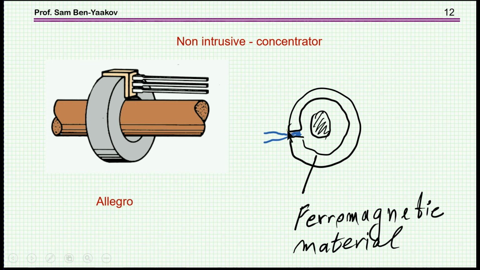Here with the cross section, we have here the ring, in this case, a toroid with a gap, and the magnetic element is put here. This is the conductor, and this is the current. So this is the most common way of using the Hall effect in the case of the non-intrusive method.